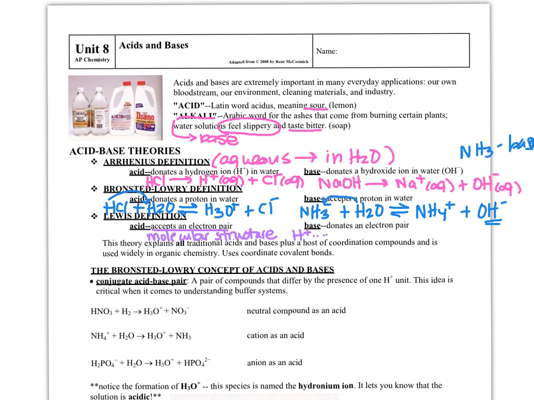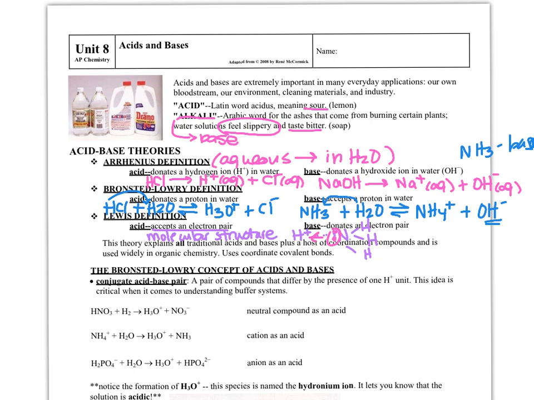If I look at the Lewis dot structure of ammonia, I've got this electron pair here, these little dots, that pair of electrons. And what it's doing is donating those to the hydrogen. That's how I know the difference.